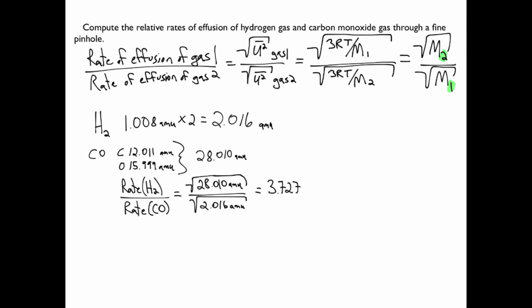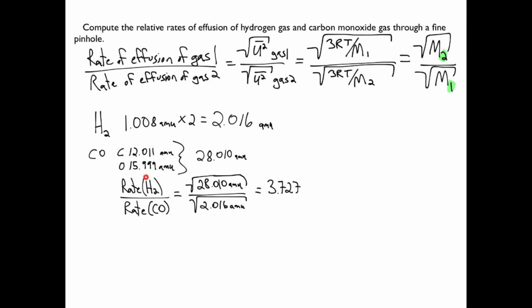And this is actually a valid way to measure the molecular mass of gases. For example, if I put hydrogen in a chamber, poke a hole in it, watch the pressure go down at a certain rate, and keep track of that. And then I have a separate container that I put an unknown gas into, poke a hole into that one, let its pressure drop. I could look at the relative rates of effusion.